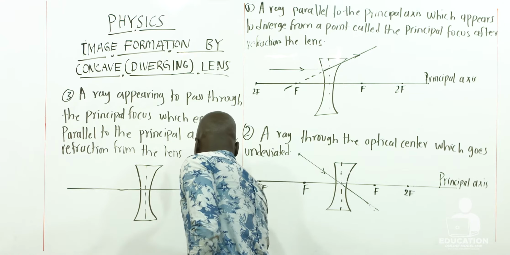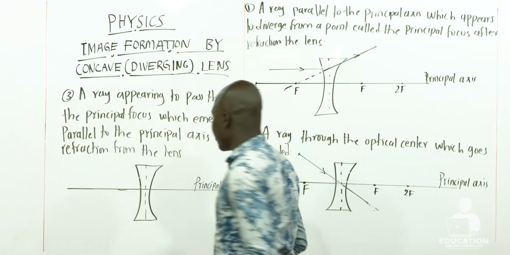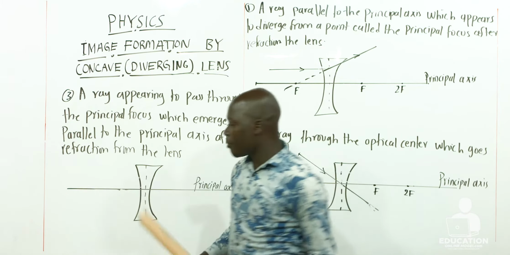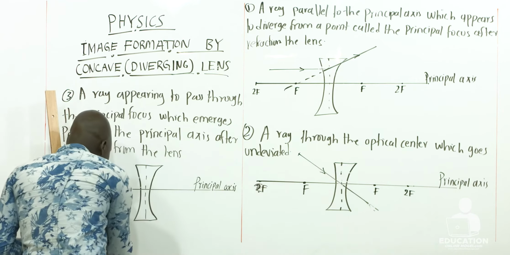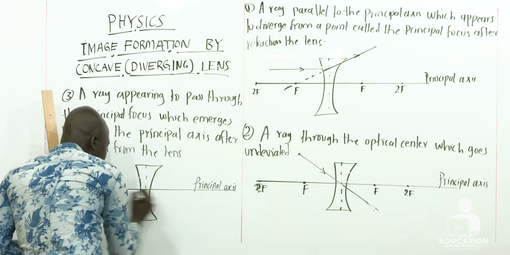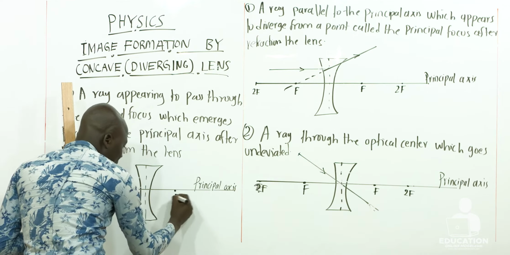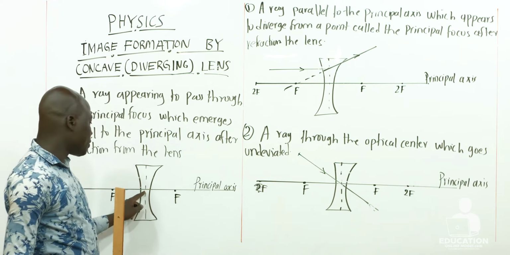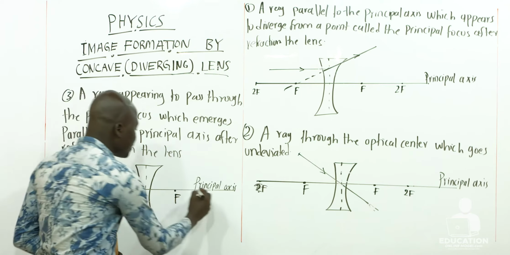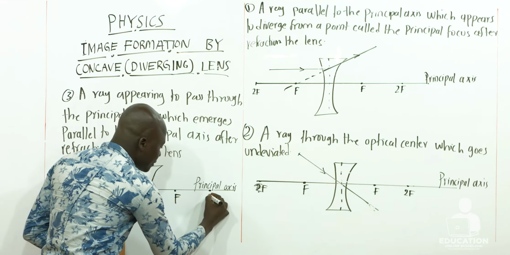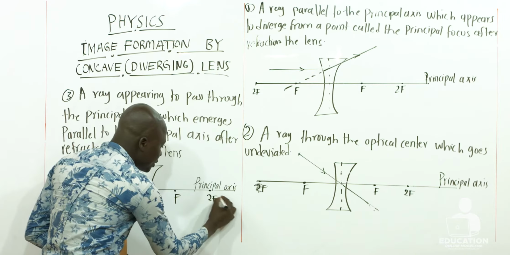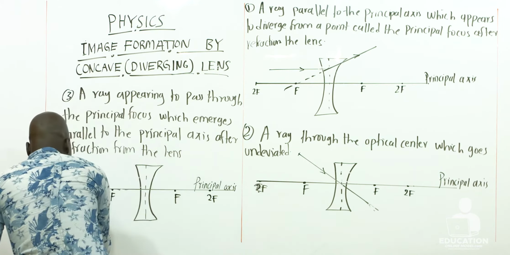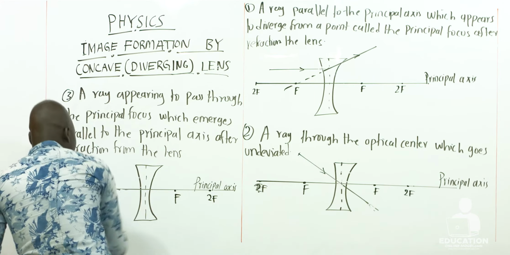Then there are points on the principal axis, and those points we call the principal focus. The principal foci are on both sides of the lens, and they are at the same distance from the center of the lens, or the optical center. And twice the focal length forms the radius of curvature, which we denote as 2f.